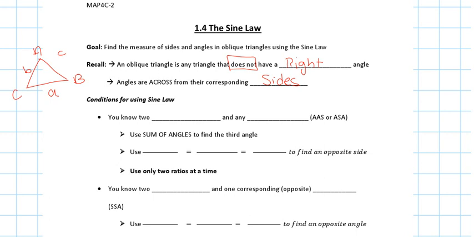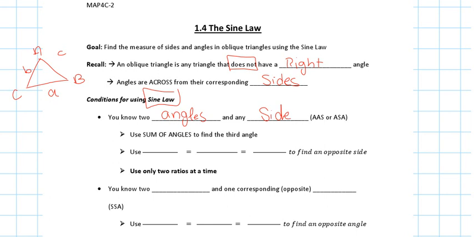So the condition to use sine law is you need to know two angles and any side. Doesn't matter which side. Because the minute that I know two angles, I can find the third one. What do we know about the sum of the angles inside a triangle? 180.